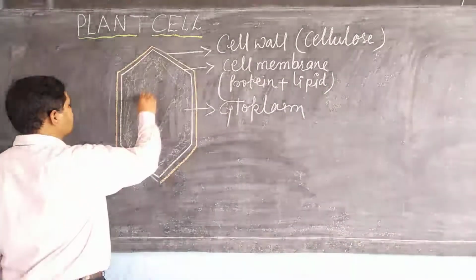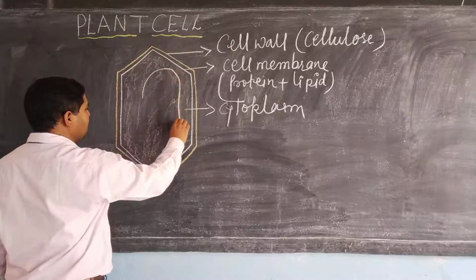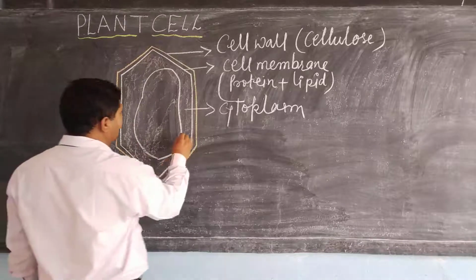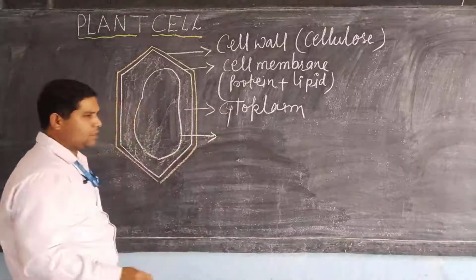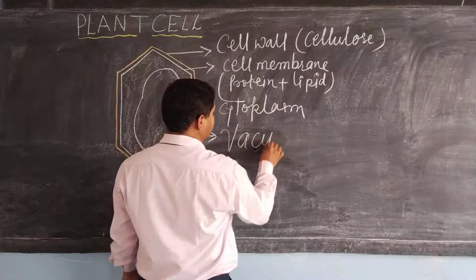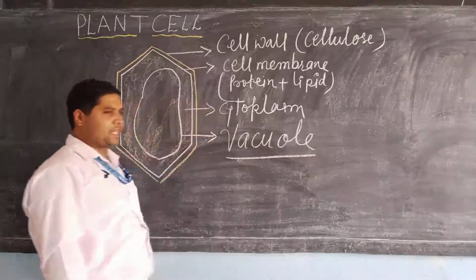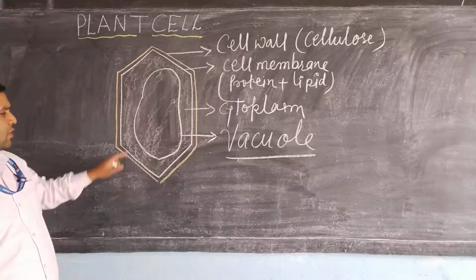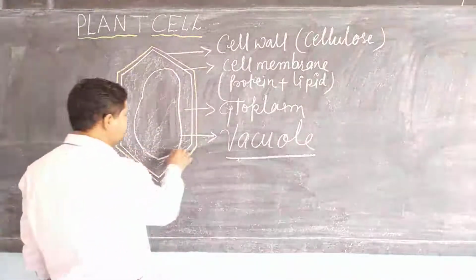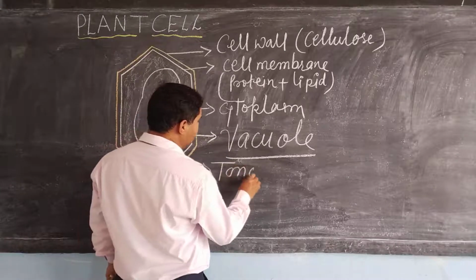About 50 to 60% of the area of the plant cell is captured by a bag-type structure known as a vacuole. Dear student, the vacuole is externally covered by a membrane known as a tonoplast.